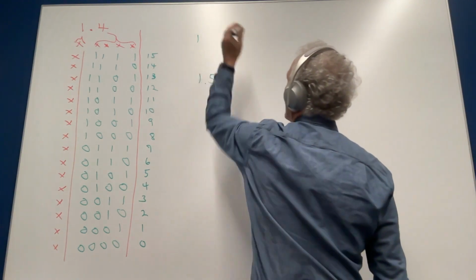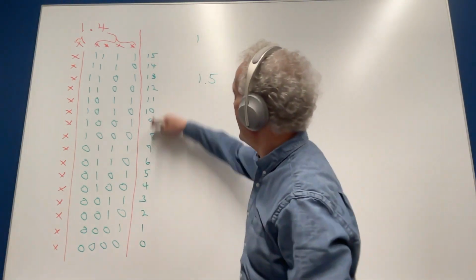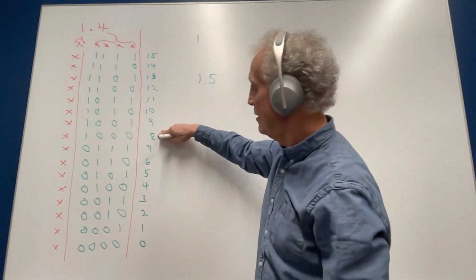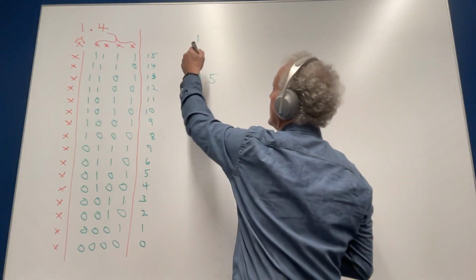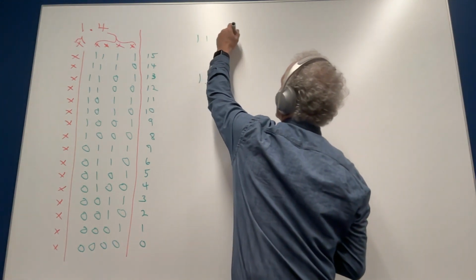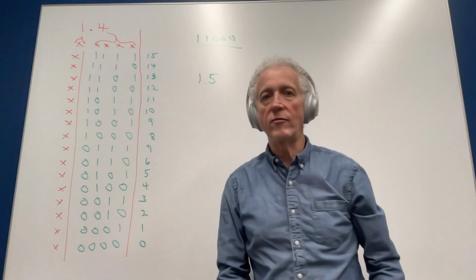The 0.5 is going to be halfway. And what's halfway? An 8. So it'll be a 1 and then an 8, which would be 1, 0, 0, 0. So this is going to be a 1.5 in fractional part.